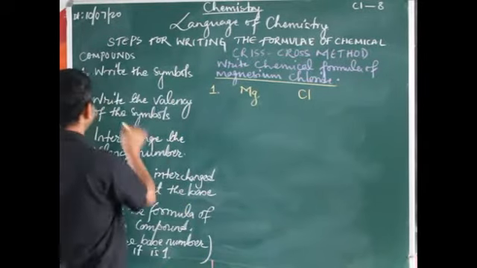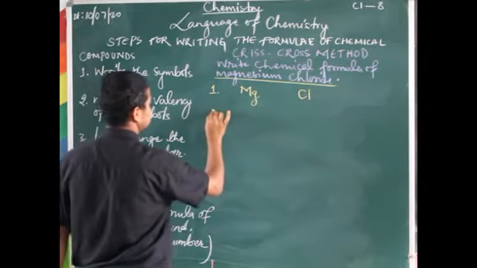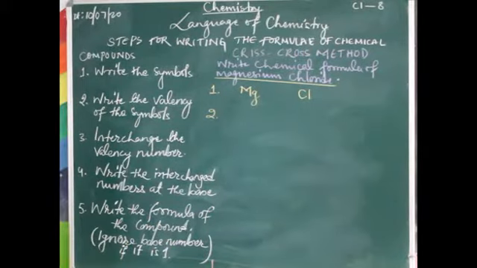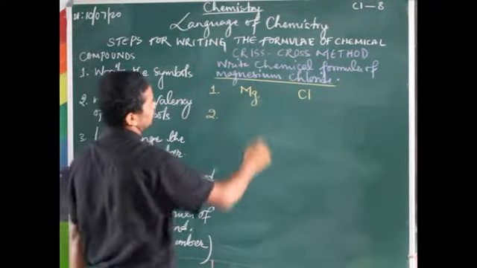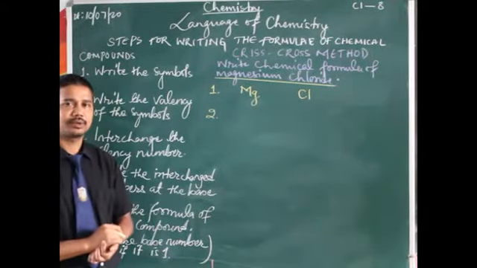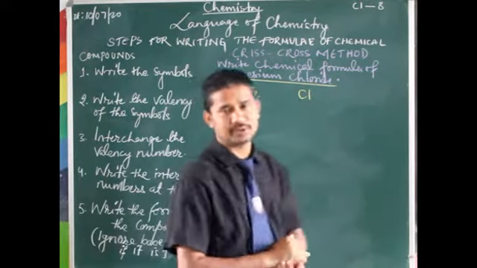Now second step is write the valency of the symbols. So in the second step, you will be writing the valency of the symbols. So this magnesium is a cation. That's why I told you to learn tables 5.6 and 5.7.